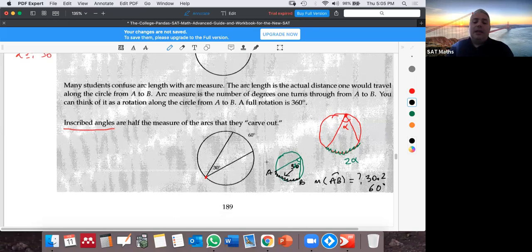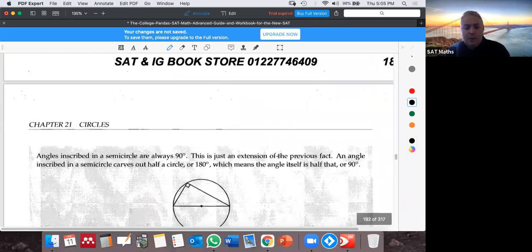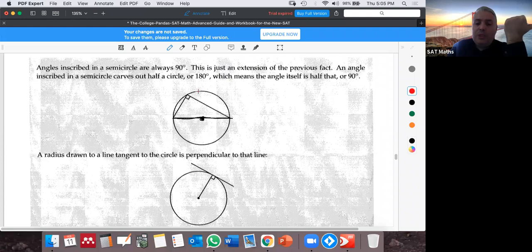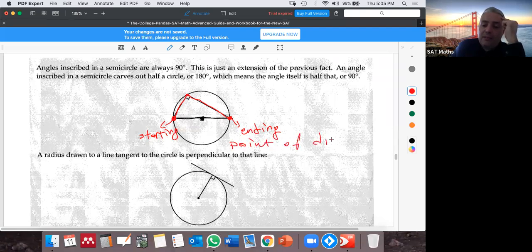Okay? Now, these two rules are important rules we use. Another important rule, especially for difficult questions, guys. When you have a diameter, be careful. This is now the diameter, which is passing through the center. Now, whenever you have an inscribed angle, which means the vertex is at the circumference here, and its sides are directly the starting and ending point of the diameter, we say that this is directly 90 degrees.